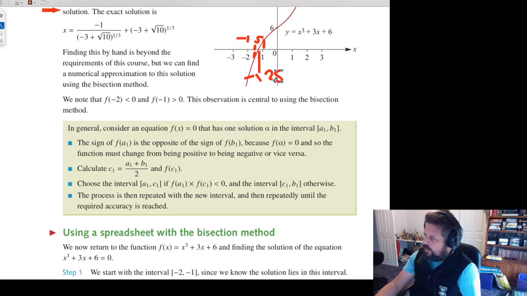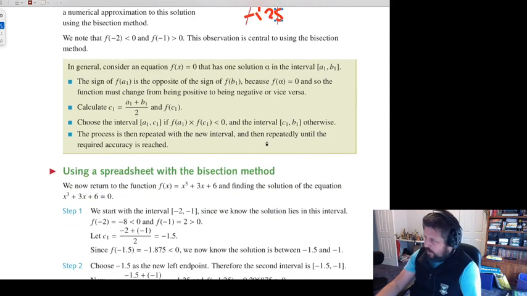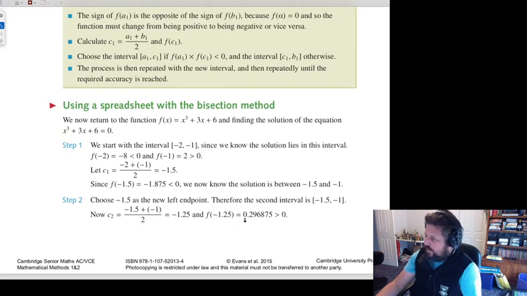Now we find f of negative 1.25 to find out its value. Substituting that into the equation, we get 0.296875, which is a positive value, greater than 0.